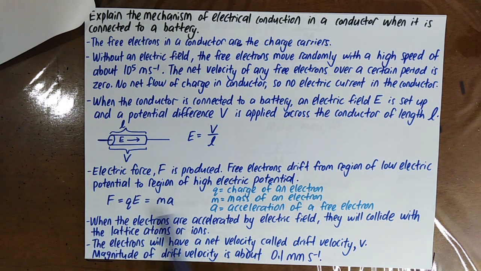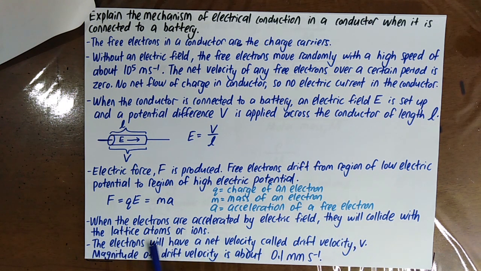Q is the charge of an electron, which is 1.6 times 10 to the power negative 19 coulomb. M is the mass of an electron, which is 9.11 times 10 to the power negative 31 kilogram. And a is the acceleration of the free electron. When the electrons are accelerated by the electric field, they will collide with the lattice atoms or ions.